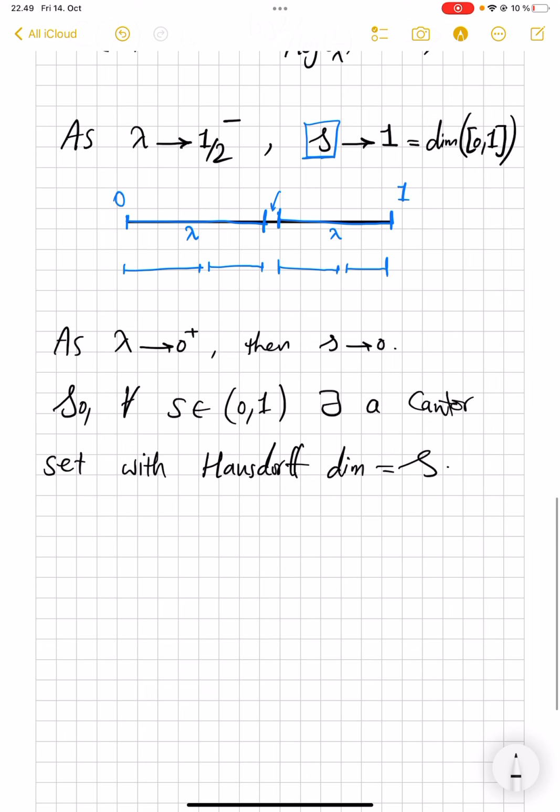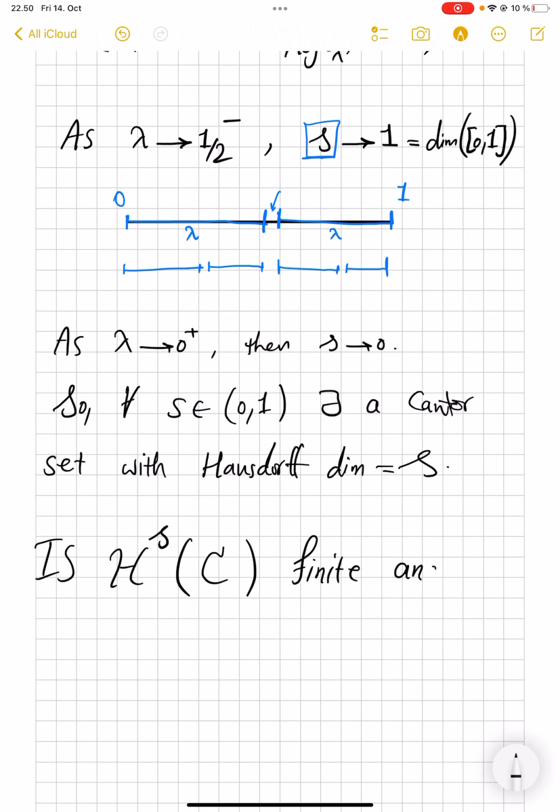Another issue when dealing with Hausdorff measures and dimension is whether the Hausdorff measure, the amount of the measure in the correct dimension of your set, whether that measure is finite and positive.